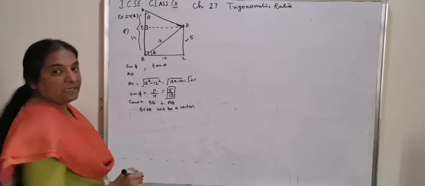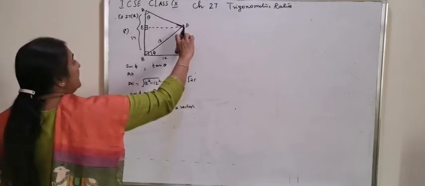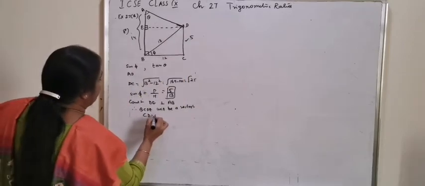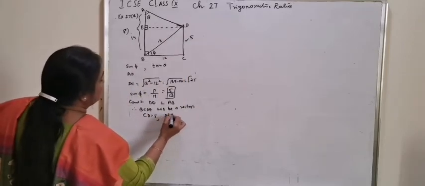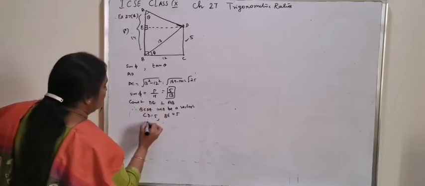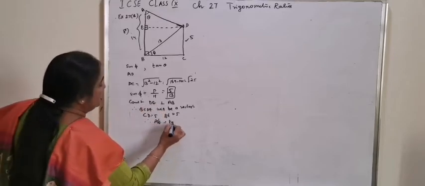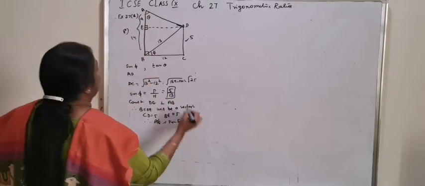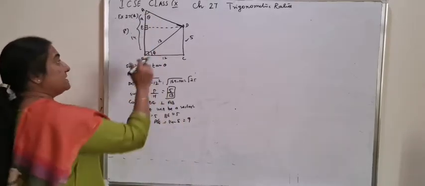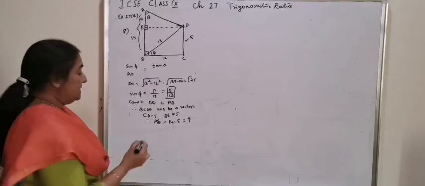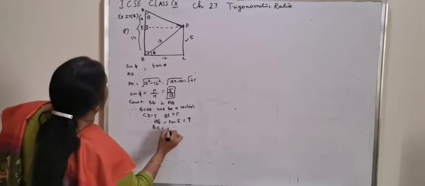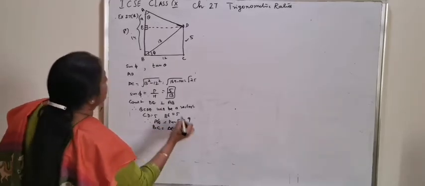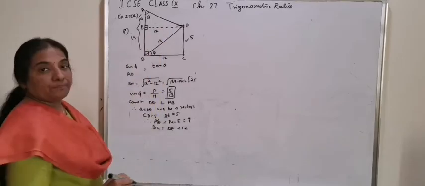Since CD length is 5, BE length is also 5, therefore AE length will be 14 minus 5, which is equal to 9. And since the opposite sides of a rectangle are equal, BC and DE will take the value of 12.